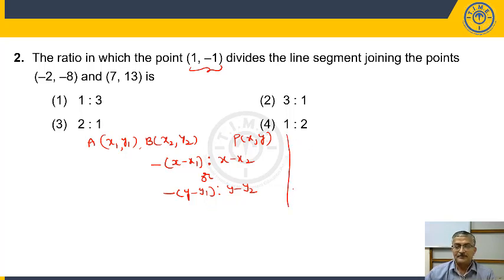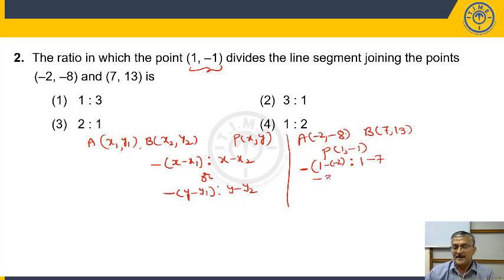So here ఇక్కడ A అనేది ఏంటంటే A(-2,-8), B(7,13), and what is the P? P is (1,-1). So this is the x1 y1, this is x2 y2, this is x y. So what is the formula? Minus of 1 minus -2 is to 1 minus 7.